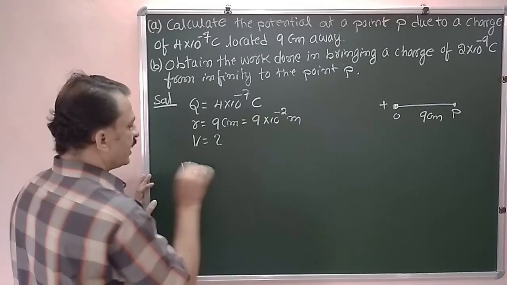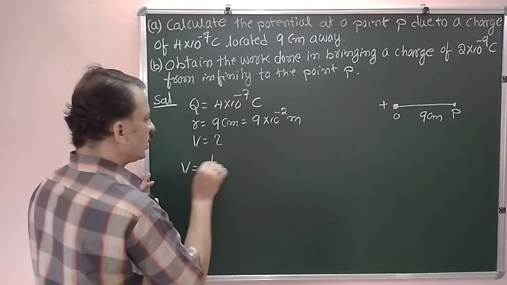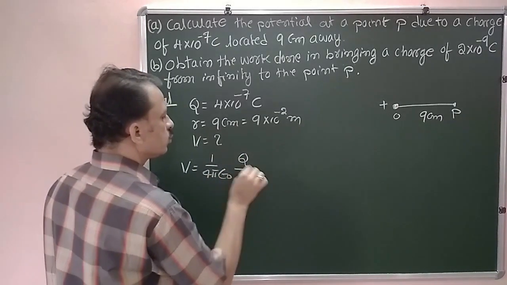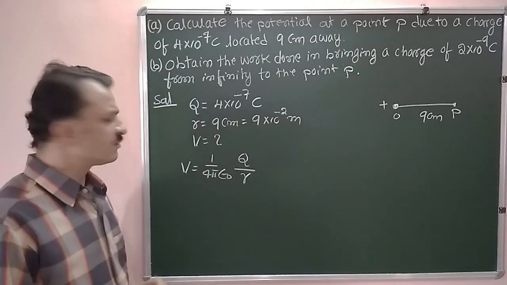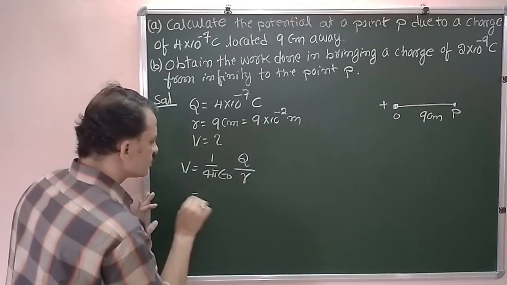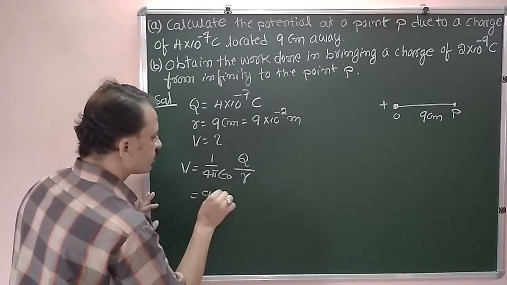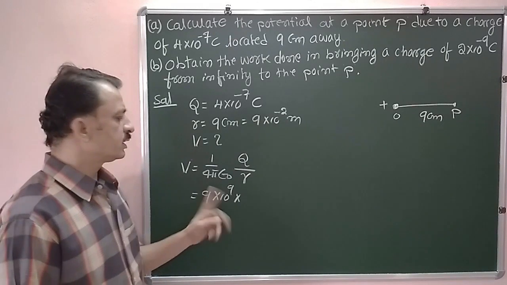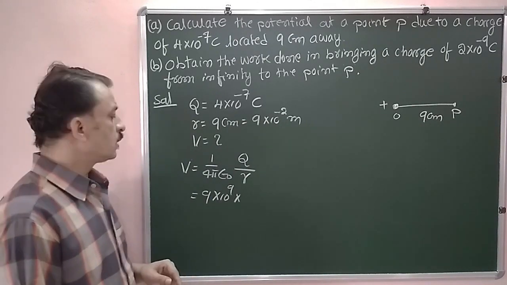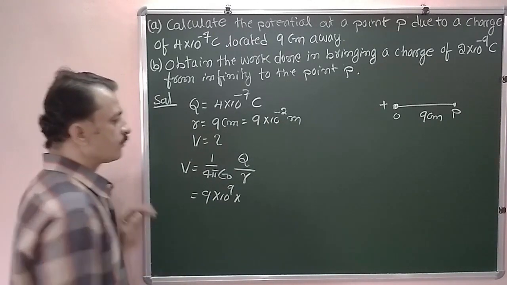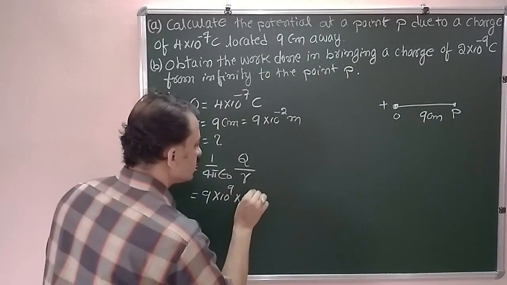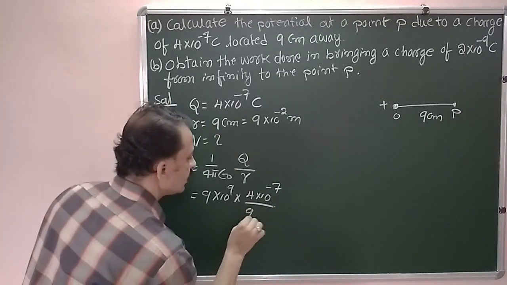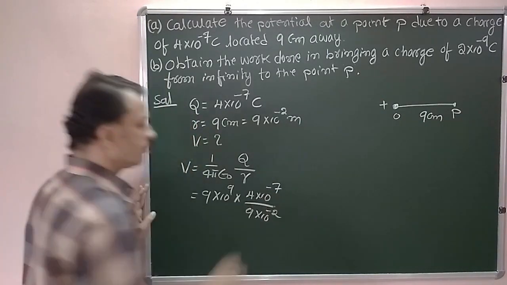Now the potential is given by V is equal to 1 divided by 4 pi epsilon naught into capital Q divided by r. That is the general formula. Now substitute the values. The value of 1 divided by 4 pi epsilon naught, we know, is 9 into 10 to the power of 9 newton meter square per coulomb square. And charge Q is 4 into 10 to the power of minus 7 divided by 9 into 10 raised to minus 2.